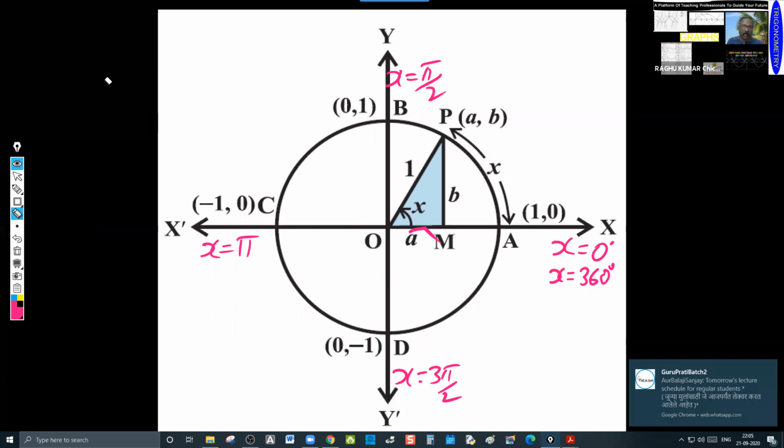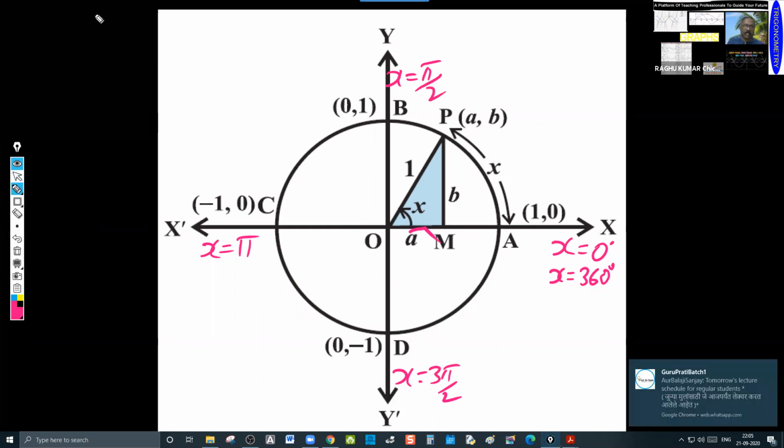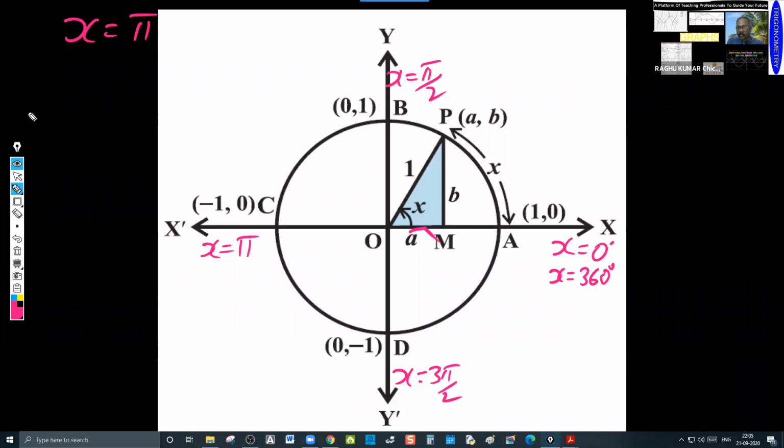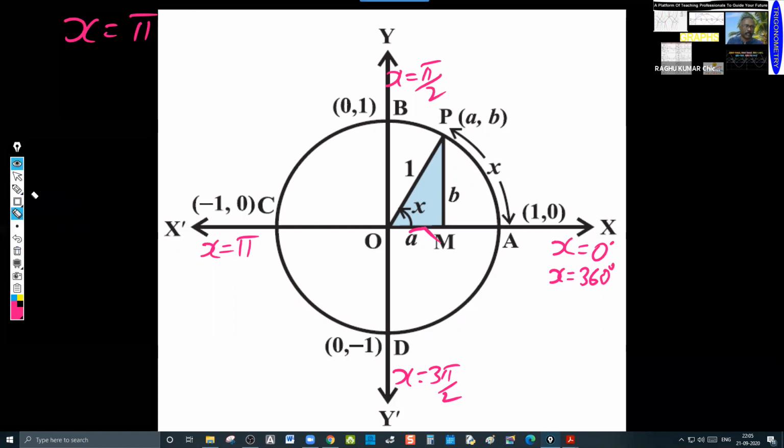Now, what we are getting is that x is equal to pi. Let us say x is equal to pi. That is the second quadrant I'm talking about. Let me write that.